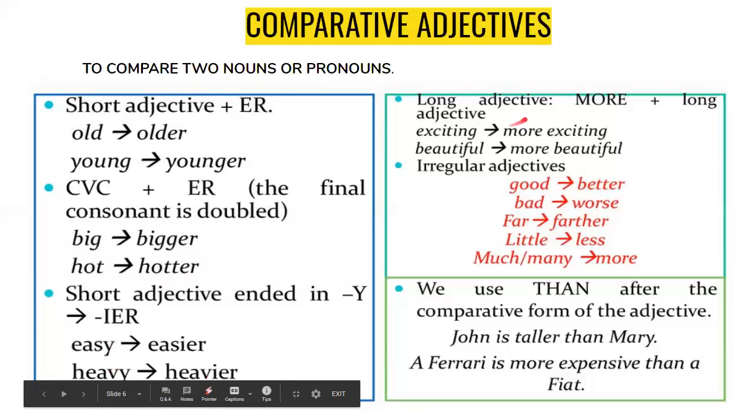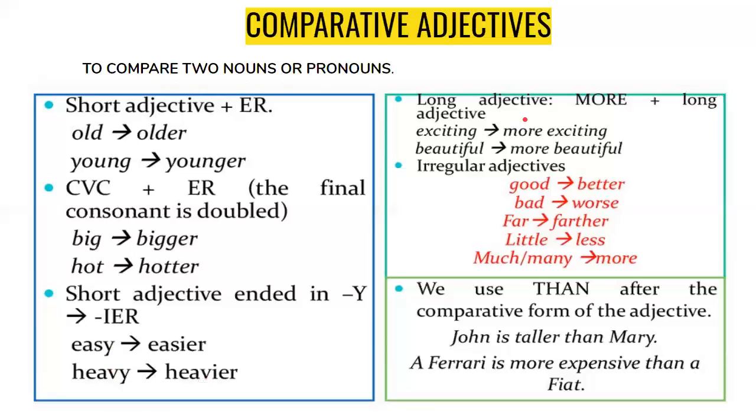There are more adjectives which we call long adjectives. These are words ending with IVE, ING, FUL: exciting, beautiful, expensive, popular, wonderful, amazing. These adjectives do not change their form, but we add more with them while comparing.